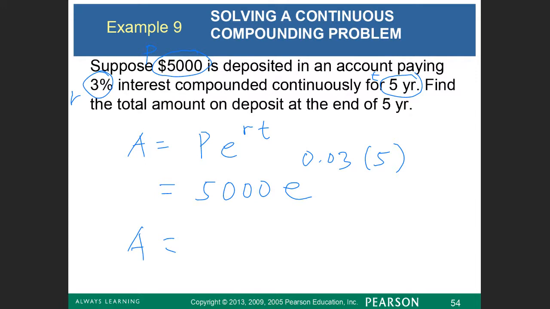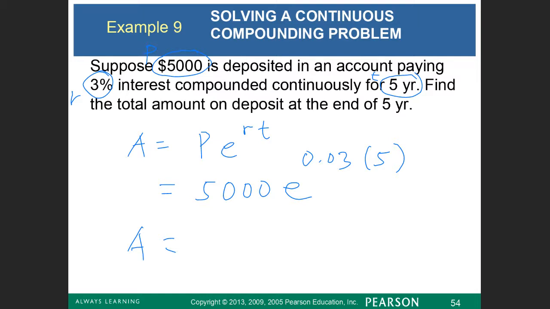So you type 5,000 first, and then E is the second function of your natural log, ln. So press the second function in your calculator and then hit ln, and you will have 0.03 as a power times 5. Okay, and don't forget to close this with parentheses so it will be evaluated as a power.